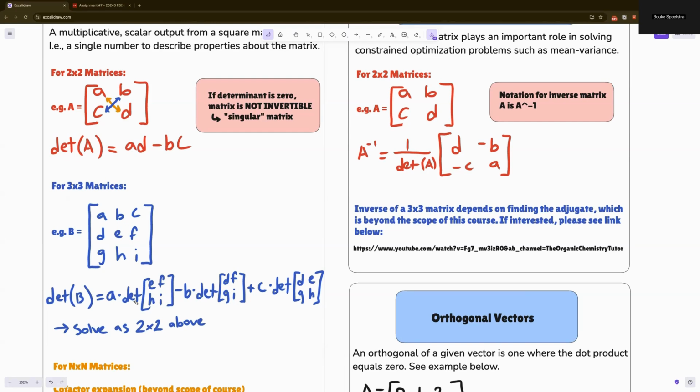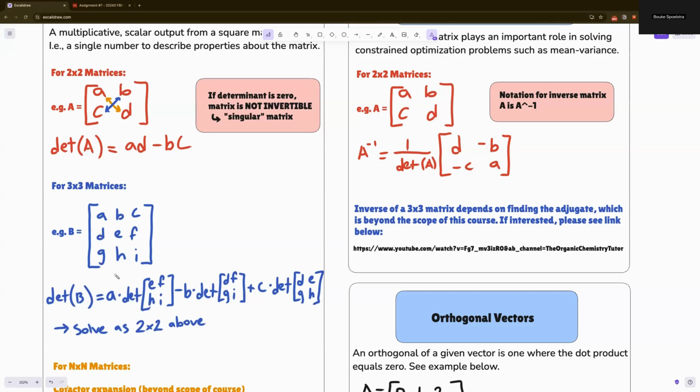For a 3 by 3 matrix, it's a little bit more complex. Basically, the way it works is you would hold one value's row and column, essentially, and then you would be finding the determinant of what's left over once you hold those constant.